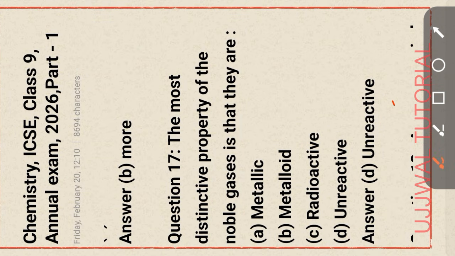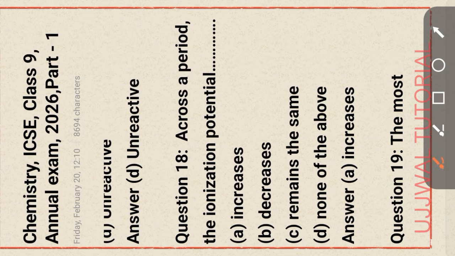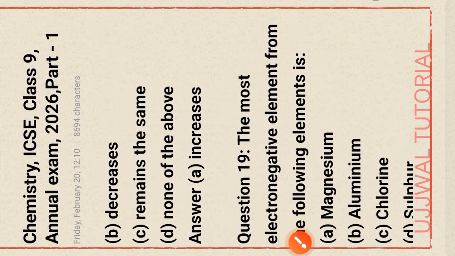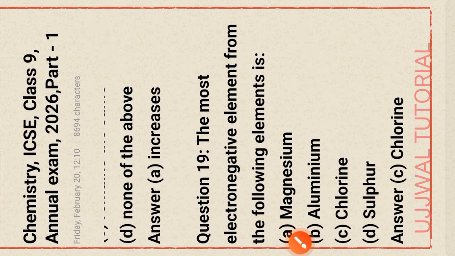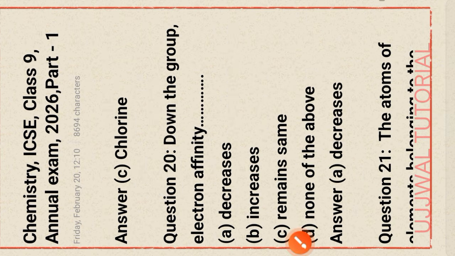Across a period, the ionization potential increases. The most electronegative element from the following elements is chlorine. Down the group, electron affinity decreases.